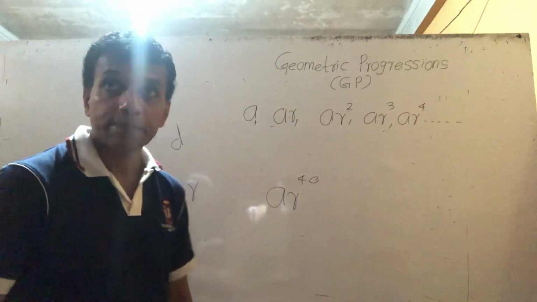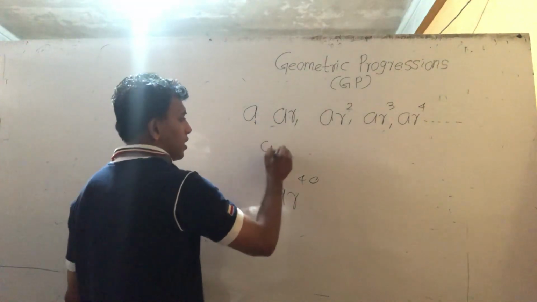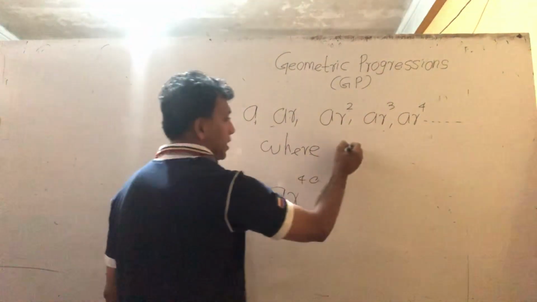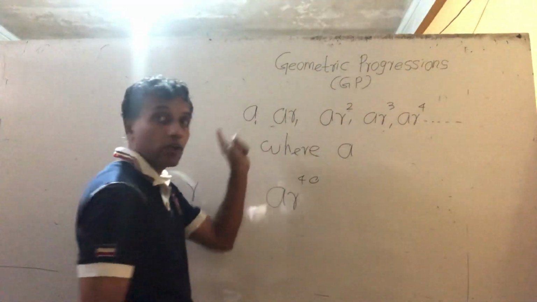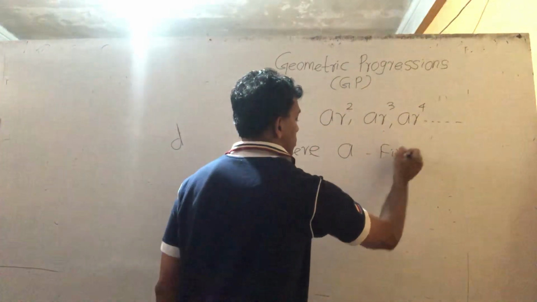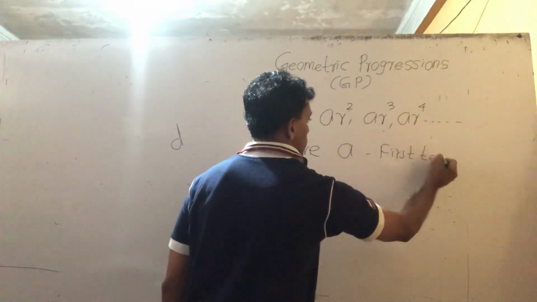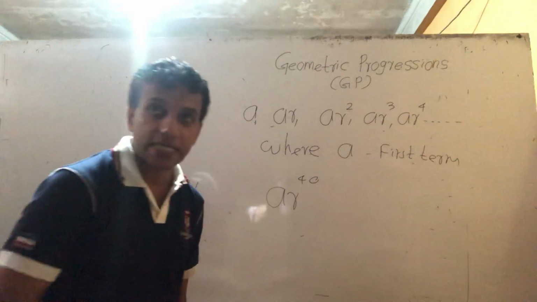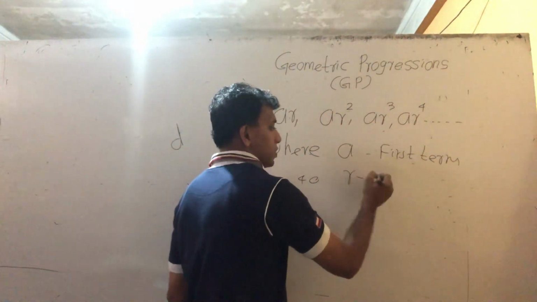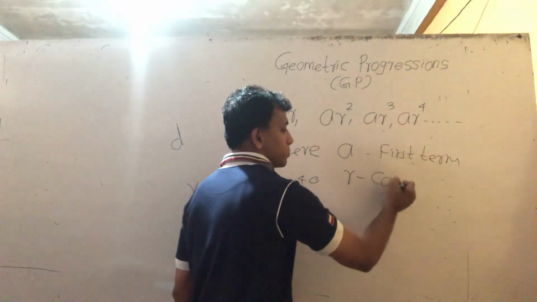So copy this and write below: where a, this a we call the first term, and r is the common ratio.